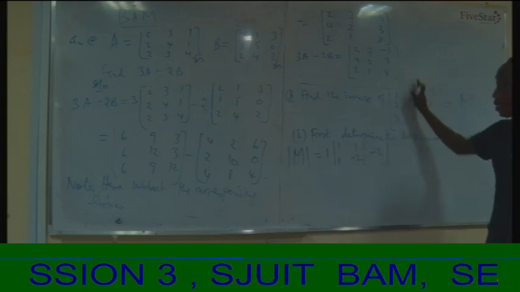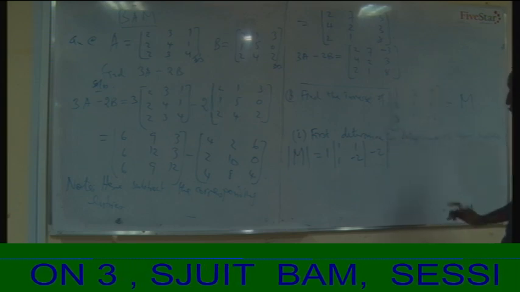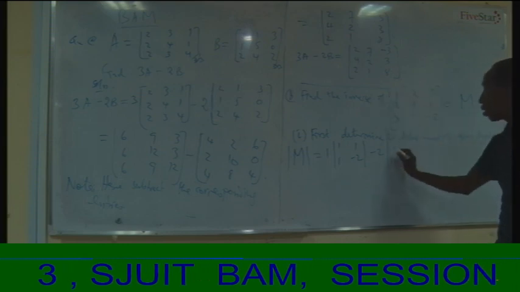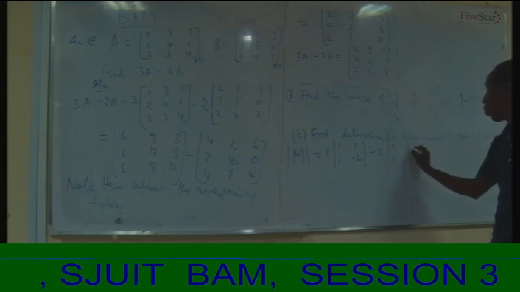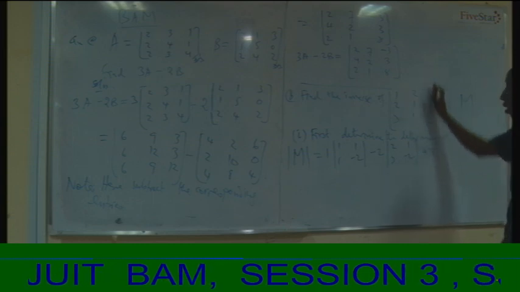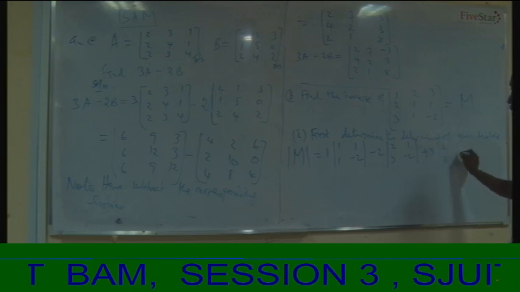Then we delete the second column and the first row because we are doing expansion along the first row. So deleting this row and this column, we remain with 2, 3, 1, negative 2. And lastly, we have 3 times, deleting the last column and the first row, we have 2, 1, 3, 1.